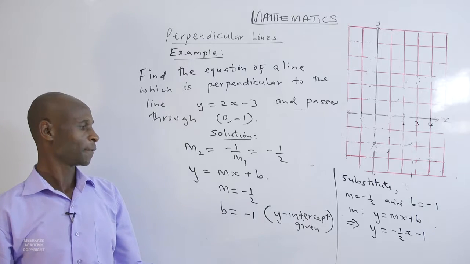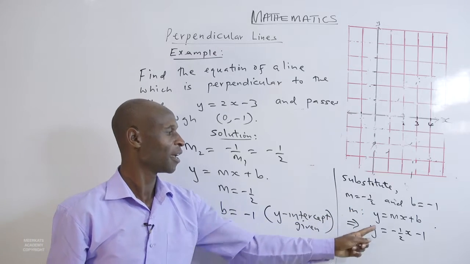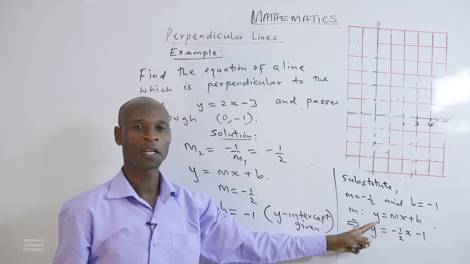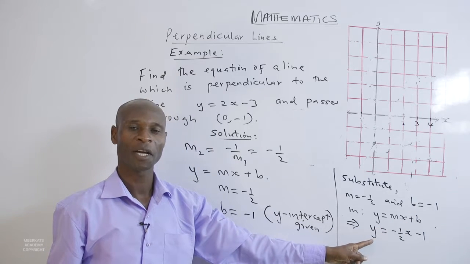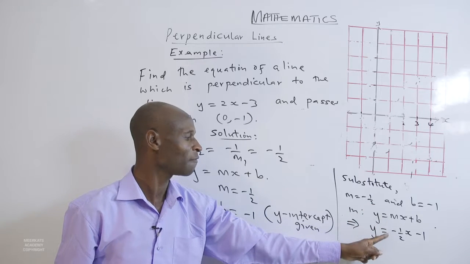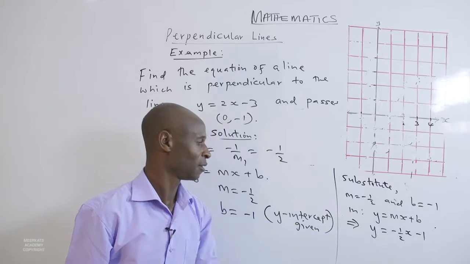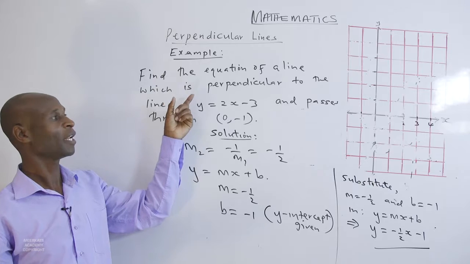If we substitute m to be negative a half, which is the gradient, and b, the y-intercept, to be negative 1, in the general equation y is equal to mx plus b, the final equation becomes y is equal to negative a half x, minus 1. So that will be the equation of that perpendicular line.